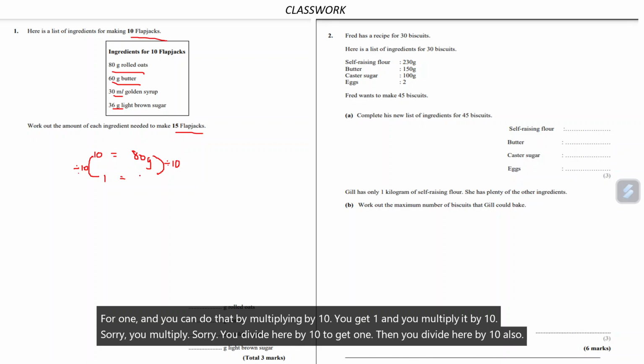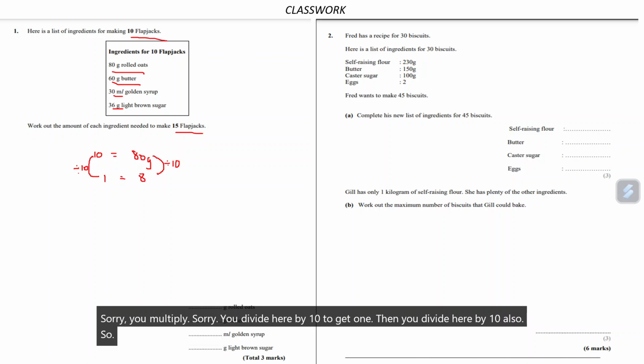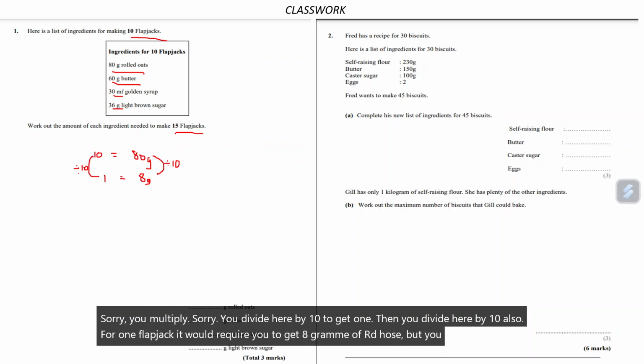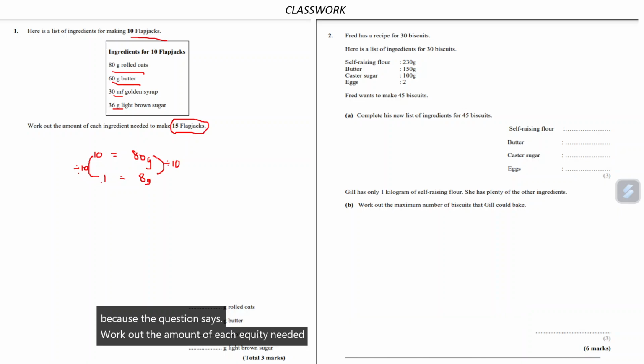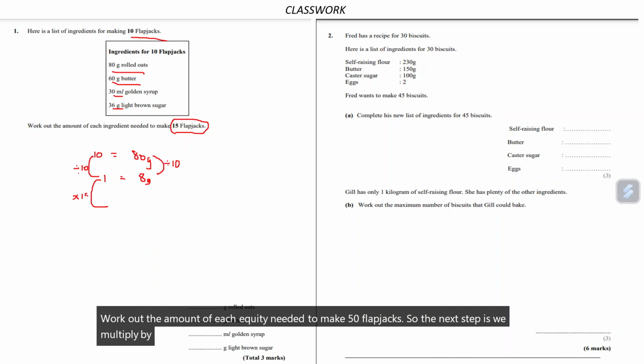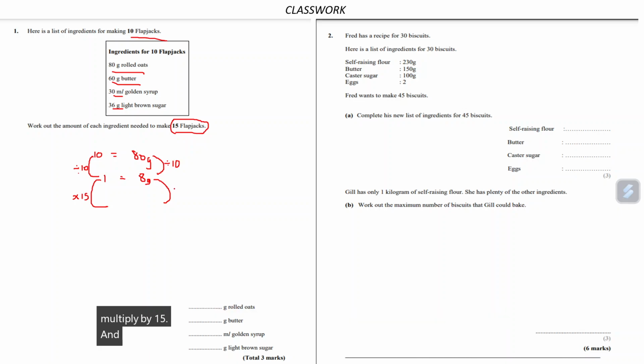So for one flapjack, it would require 8 grams of rolled oats. But you don't stop here, because the question says work out the amount of each ingredient needed to make 15 flapjacks. So the next step is you multiply by 15 and multiply both sides by 15.